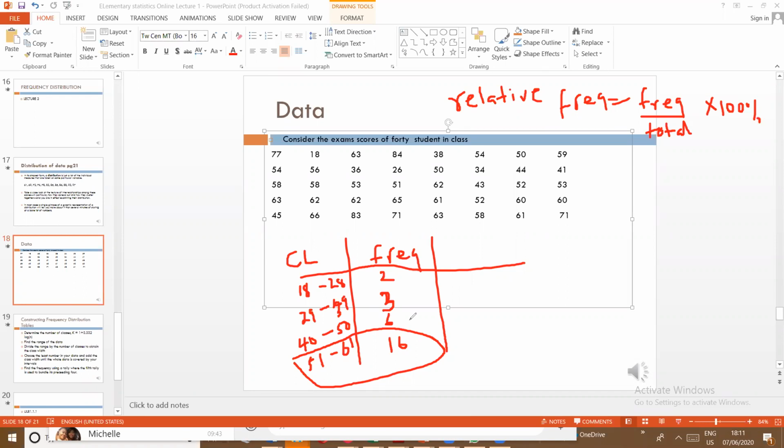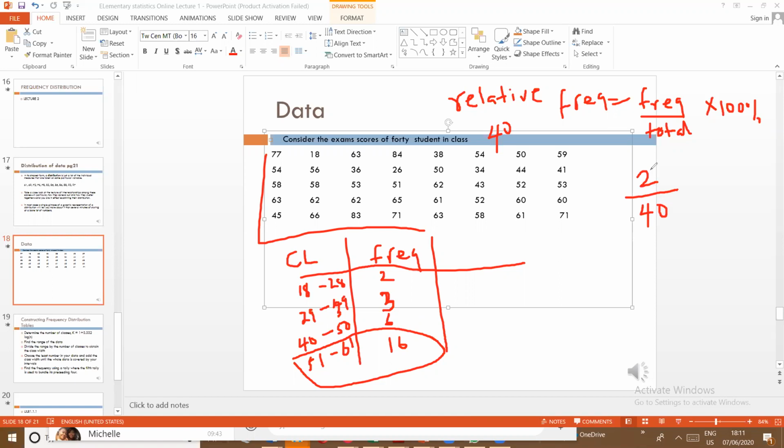Good. So let's see how this is calculated. For the first class, the frequency is 2. So we have 2 over the total number of observations, which is 40. So it's going to be 2 divided by 40.